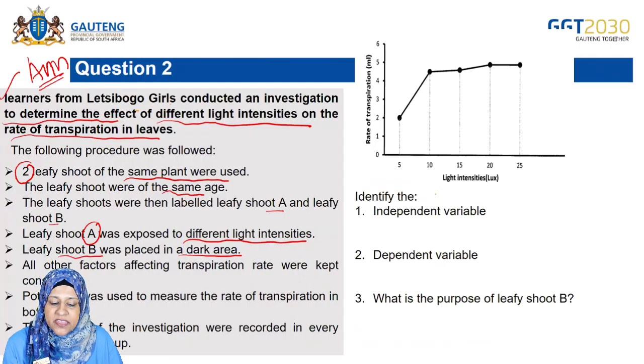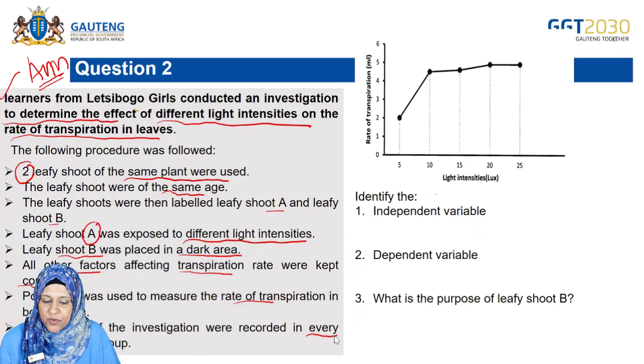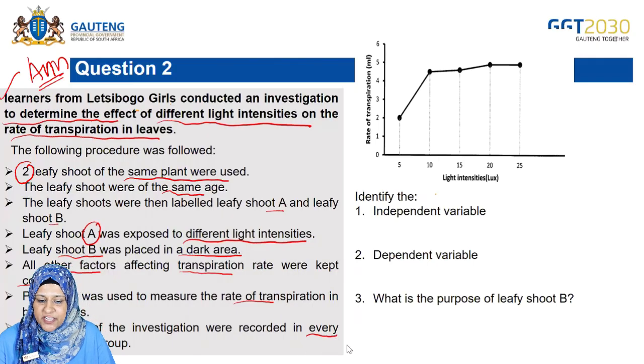All other factors affecting the rate of transpiration were kept constant. A potometer was used to measure the rate of transpiration in both groups. The results were recorded every hour for each group. Okay, that's telling us how they conducted the investigation.